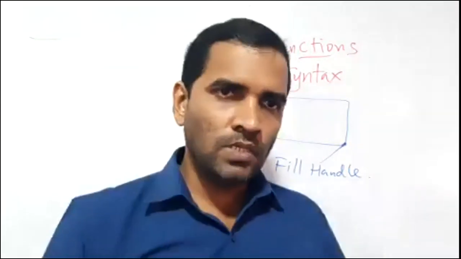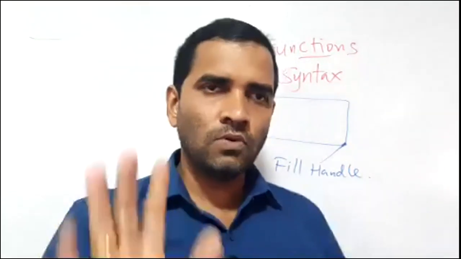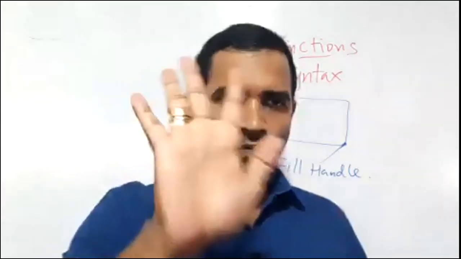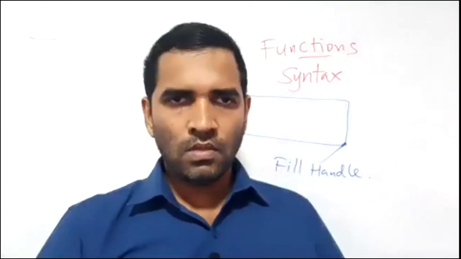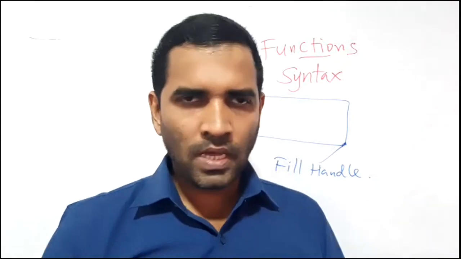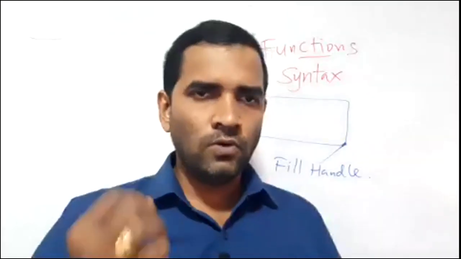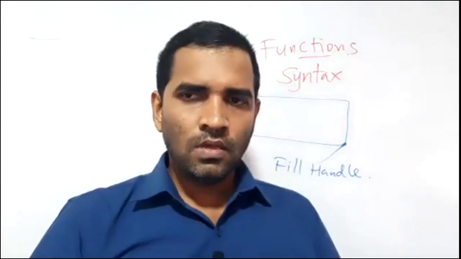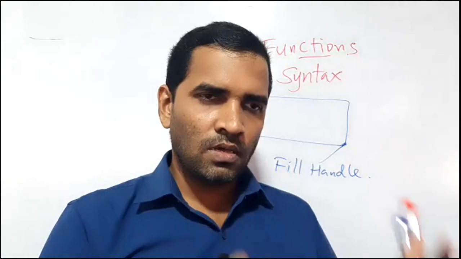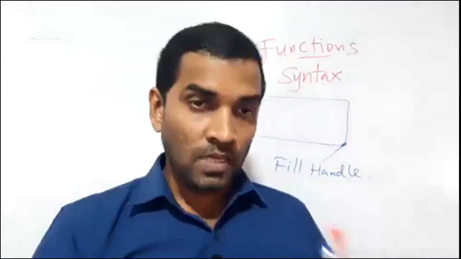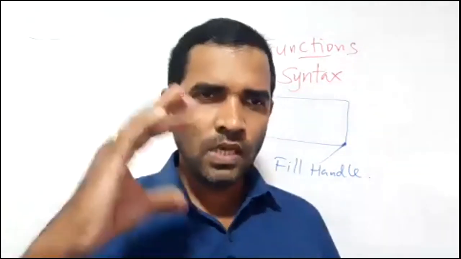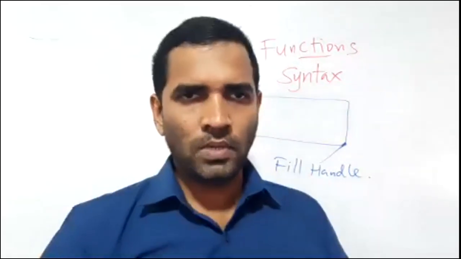So we finished one function today, which is for finding the total. Fortunately, we have only 5 functions in our syllabus. But you know, a spreadsheet has thousands of functions, maybe hundreds, even thousands. Fortunately, we have only 5. And the most favorite thing is, all these 5 functions have the same syntax, the same format.